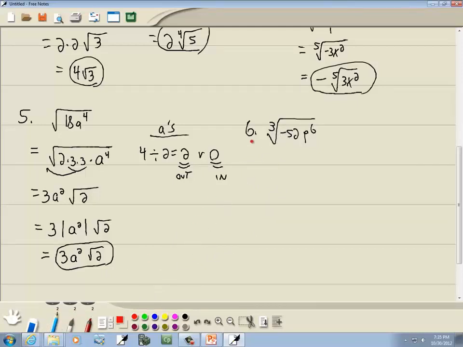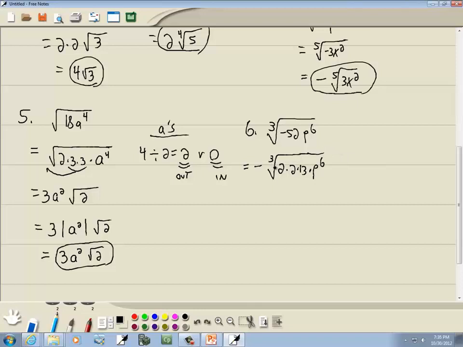Remember, if you have a negative and you have an odd index, you can go ahead and bring that negative out in front. So I'm not even going to worry about that negative. Just put it out in front. 52 is 2 times 26, which is 2 times 13. Okay, times p to the 6.